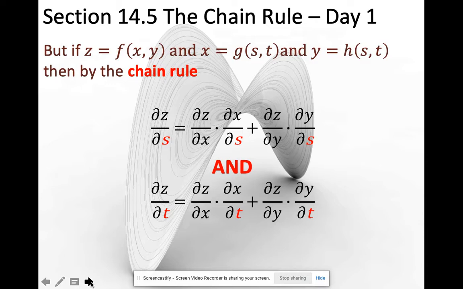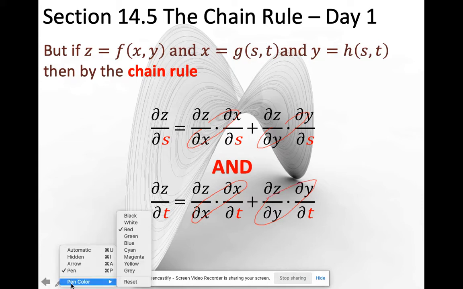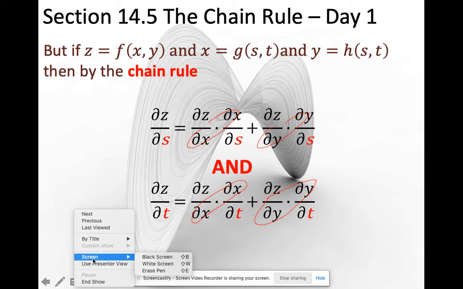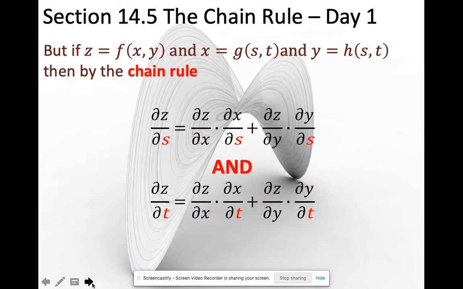So here's those two written out without the tree. If I want partial z, partial s, or if I want partial z, partial t, or you could think of that with your tree.